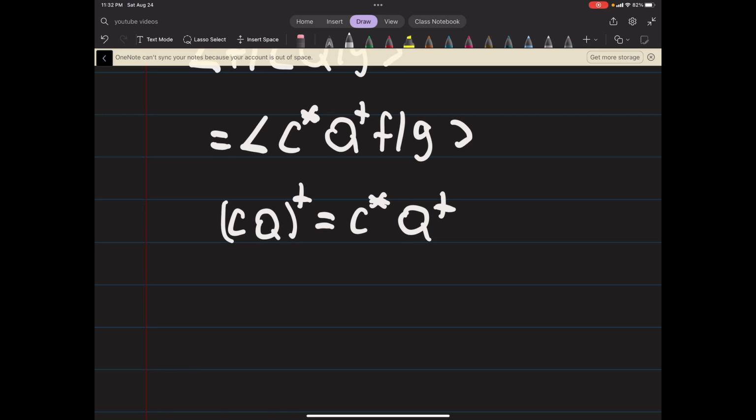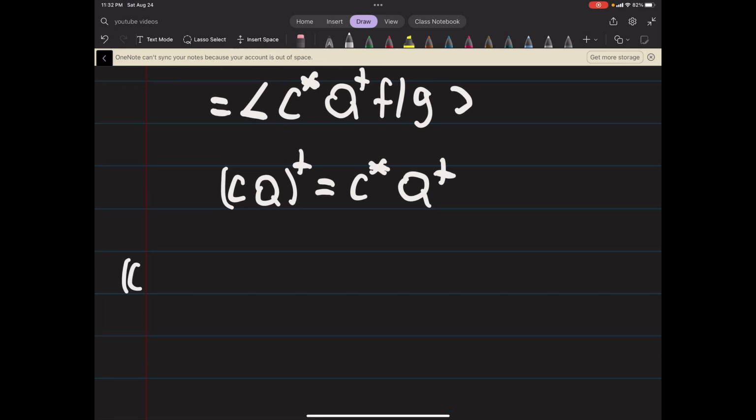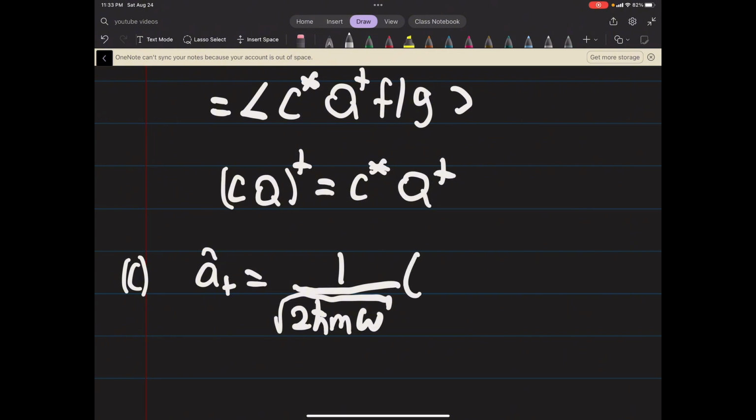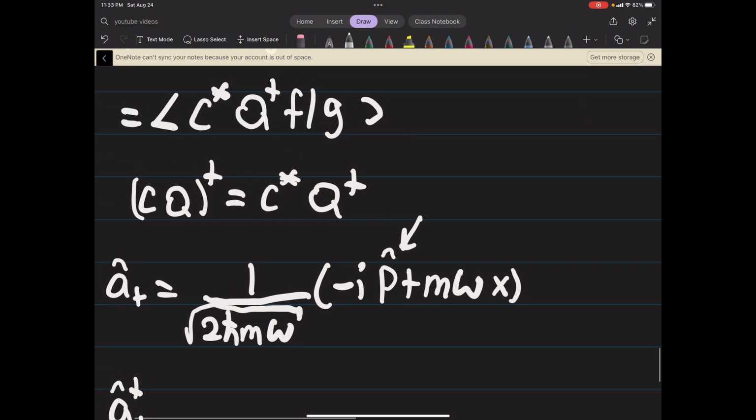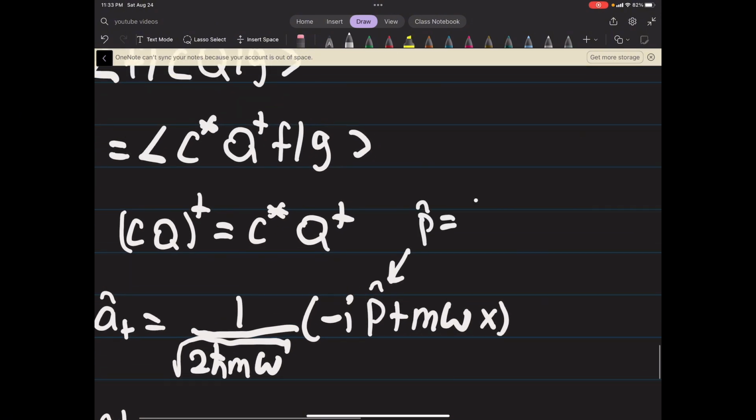And the next part is to find the Hermitian conjugate for the raising operator for our harmonic oscillator. But just to remind you, it is this stuff. This is actually quite easy for two reasons. Number one, this is an observable, so that we know to be true.